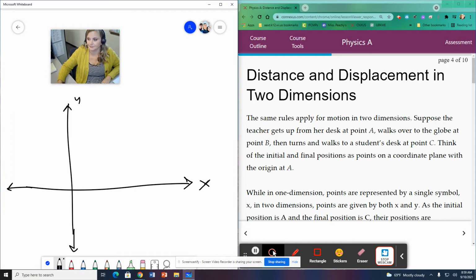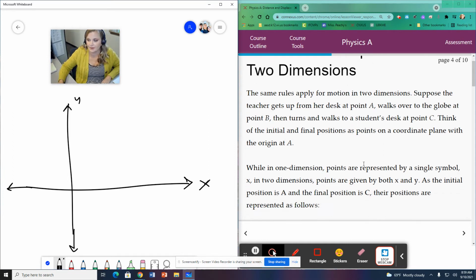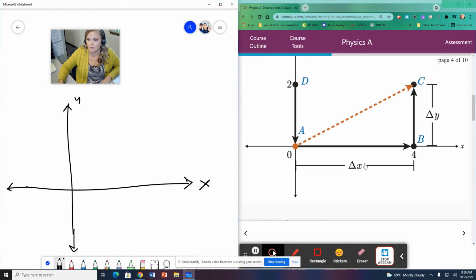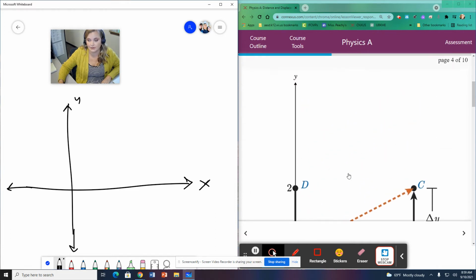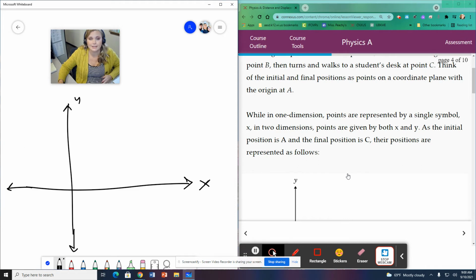There we go. So with our x and y coordinate system, we have 2 dimensions of travel. And you can see this picture over here, right? And so what we do is we have to figure out our final displacement. It becomes a vector problem.